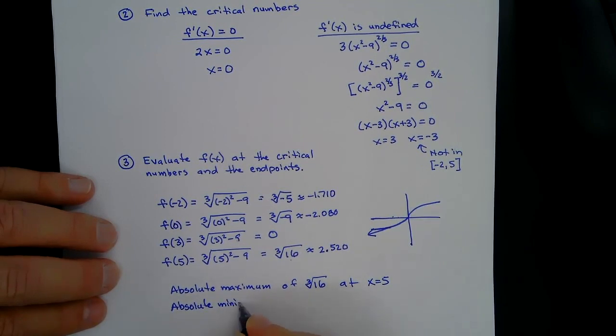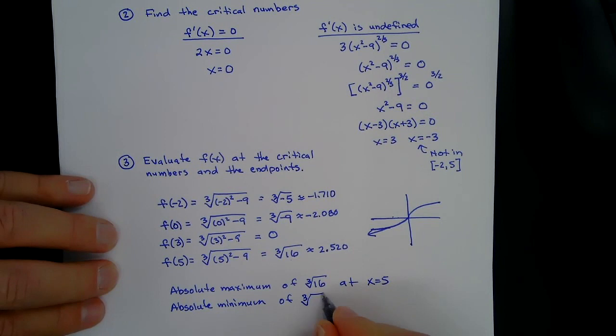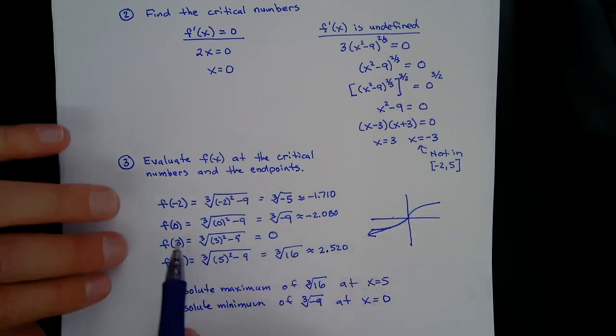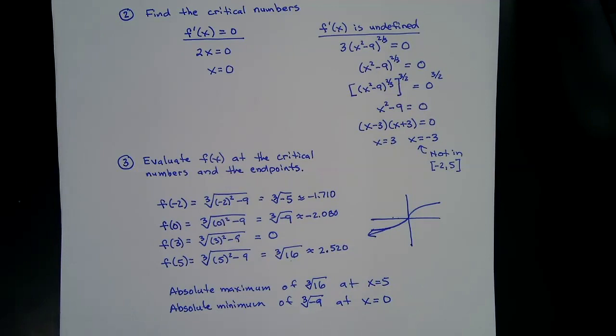Sorry, my phone's going off. Absolute minimum of the cube root of -9 at x equals 0, because that's what we put into the function to get that, okay? So this is how, without having the graph, you can determine the absolute maximum and absolute minimum, which is equivalent to saying the absolute extrema, okay?